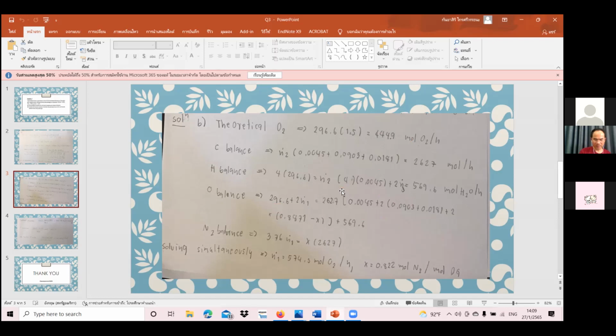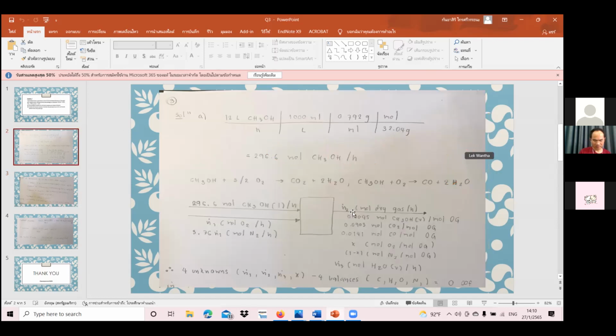Because you show only the number, I don't know what it is. Why does this number multiplied by this number give this mole of oxygen? Why does this side give mole of what? This mole of carbon. But here, in stream 2, I got all of the numbers multiplied together.